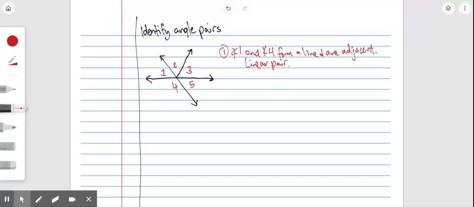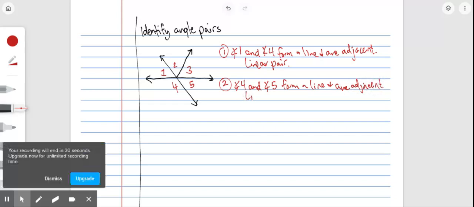But on the same track, angle 4 and angle 5 form a line and are adjacent, which means they're a linear pair. Okay.